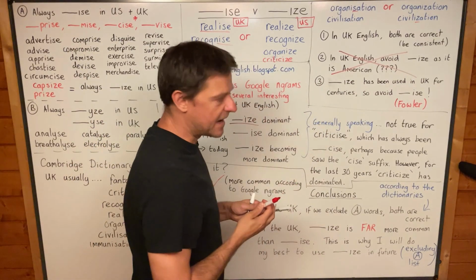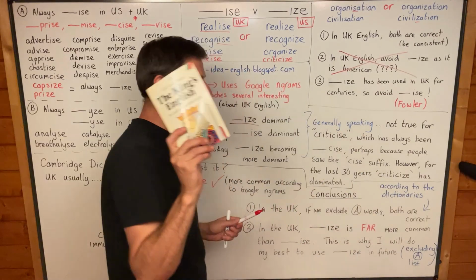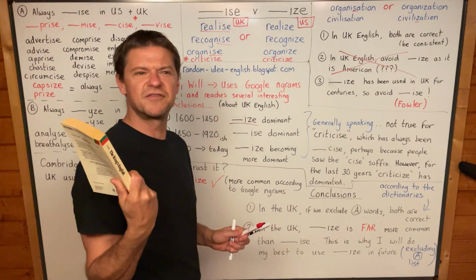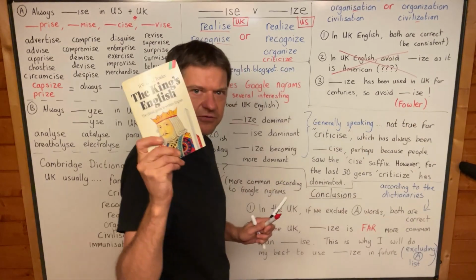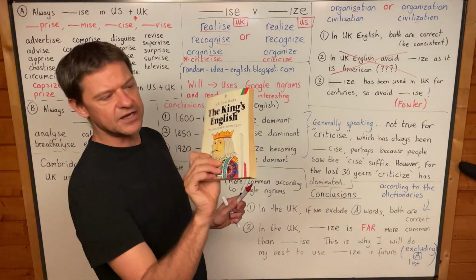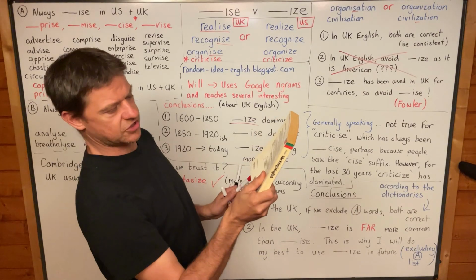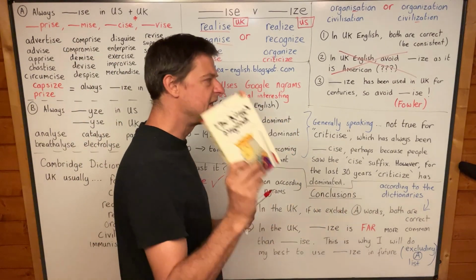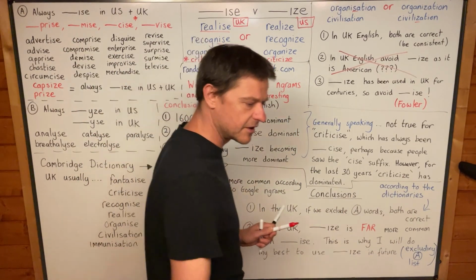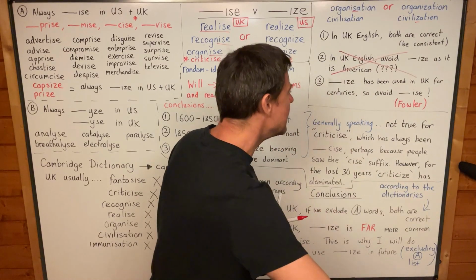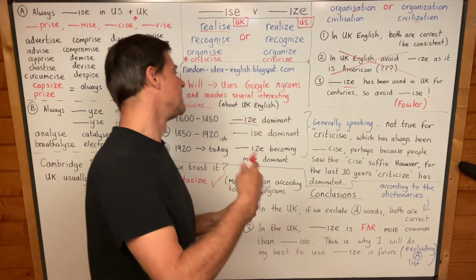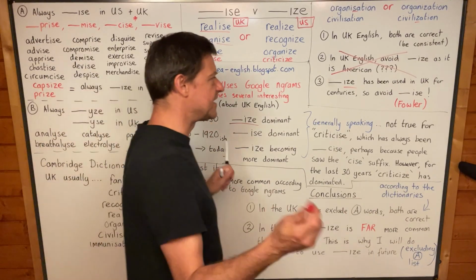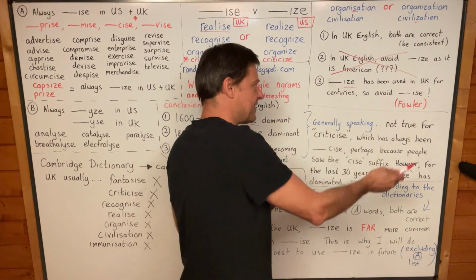Number 3, and this was by a very highly respected grammarian, possibly the most famous grammarian in the English language, a guy called Fowler. He wrote this book, The King's English, and he also wrote Modern English Usage. I think Modern English Usage is really good. I really enjoyed this book. And so he's a really interesting guy. Well, he points out that IZE has been used by many British authors, English people from Britain, not just America.